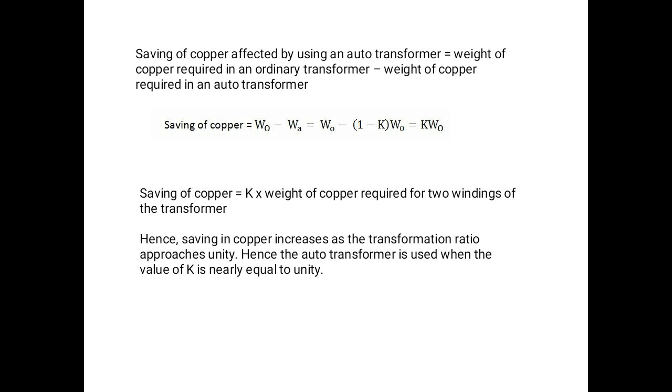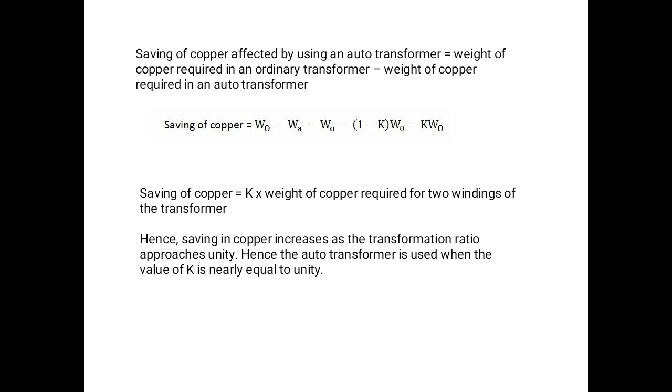Now the saving of copper effected by using an auto transformer is equal to the weight of copper required in an ordinary transformer minus the weight of copper required in auto transformer. So saving of copper is equal to W0 minus WA, that is equal to K times W0. So saving of copper is K into the weight of copper required for a two winding transformer.